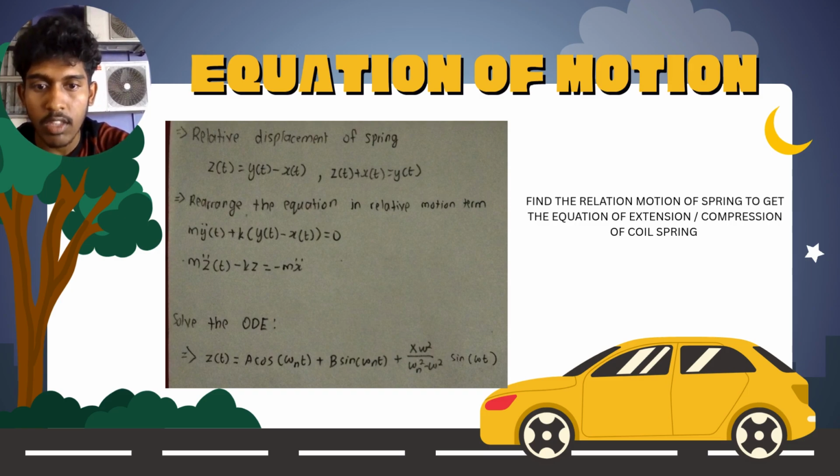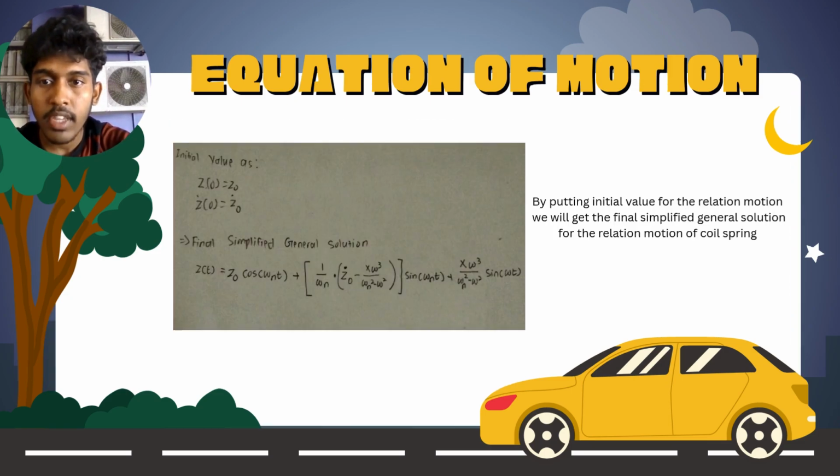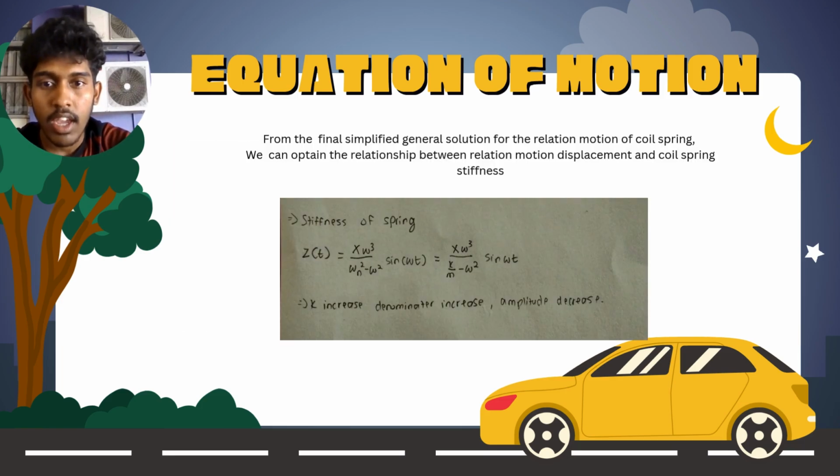So we solve the ODE to get the general solution, and we input the initial values into the general solution to get the final simplified general solution. From there, we can get the relationship between the stiffness of the spring and the relative motion displacement.